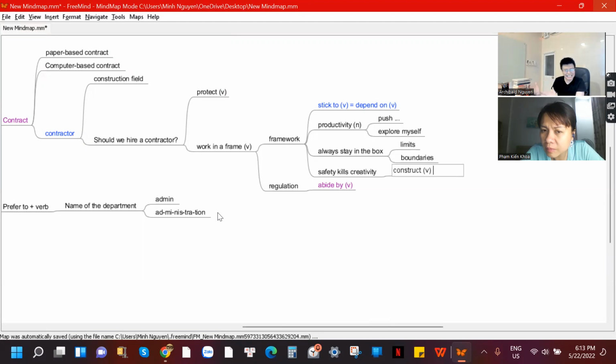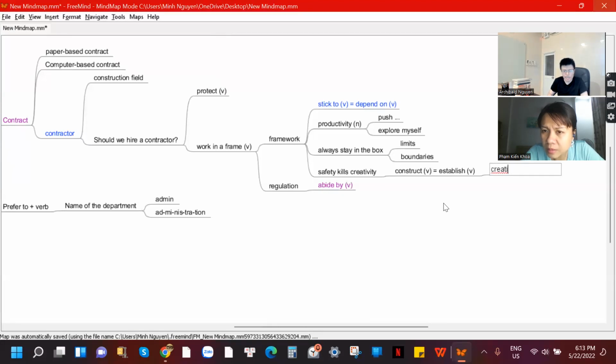But people, when they study English, use the word build a lot. So instead of building, you can use the word construct or establish. So the very first step we need to do is we need to construct, or we need to establish, creativity mindset.